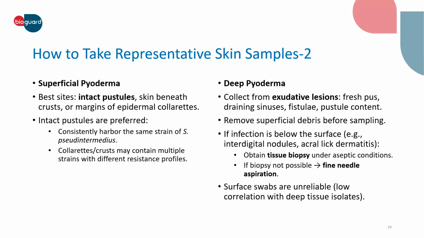If the infection is below the surface, such as interdigital nodules or acral lick dermatitis, then obtain a tissue biopsy under aseptic conditions. And if biopsy is not possible, then we can use fine needle aspiration. Surface swabs are unreliable. So for deep pyoderma, it is better to collect from the exudative lesions.